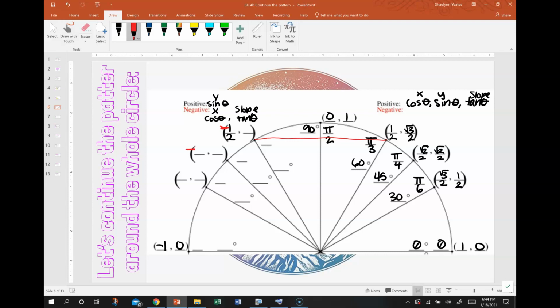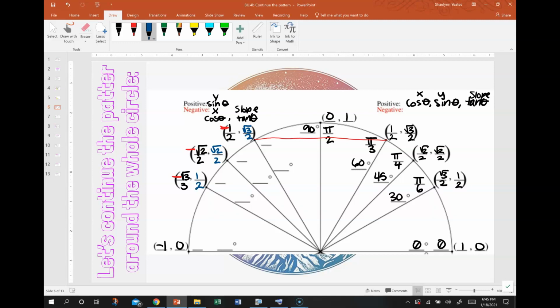This will be negative, negative, and negative 1. So that'll be negative 1/2. This will be negative square root 2 over 2 and negative square root 3 over 2. Then all these y values are at the same height. So this one should just be square root 3 over 2. The next one's the same height as the one across from it, so it's square root 2 over 2. And then this last one's at the same height as the one across from it, so it's 1 over 2.